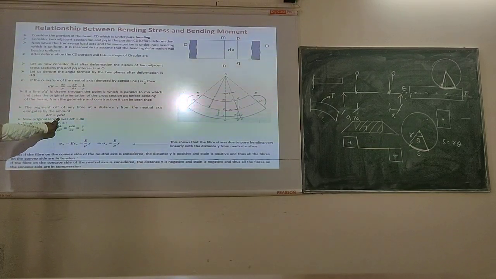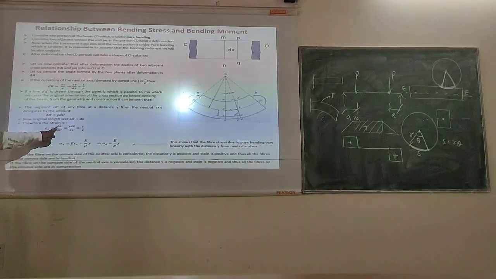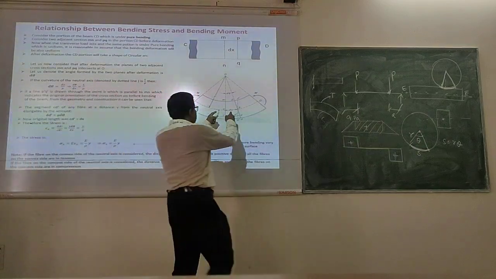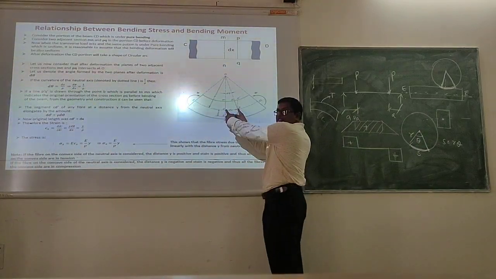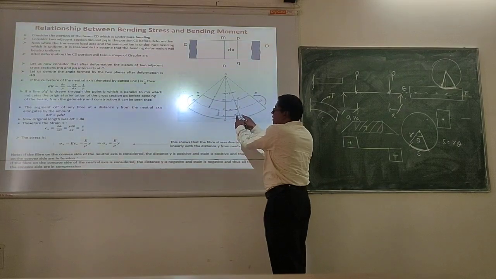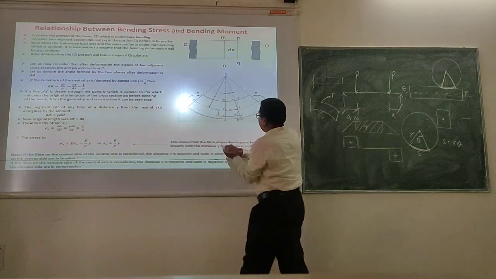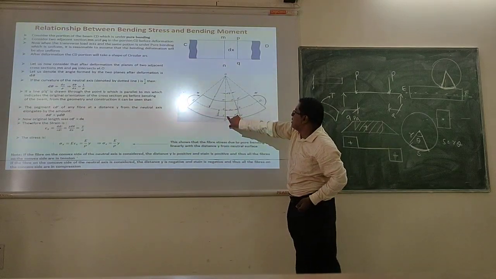This is your extension, right? Original length was dx. So d dash by CD dash, it will be the strain. Understood? Basic fundamental math. This was my original length, right? What is the extension? Initially when it was horizontal, at this level, what was my CD?